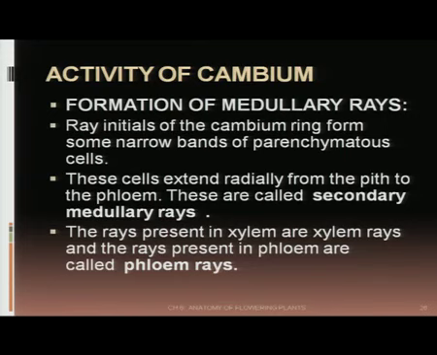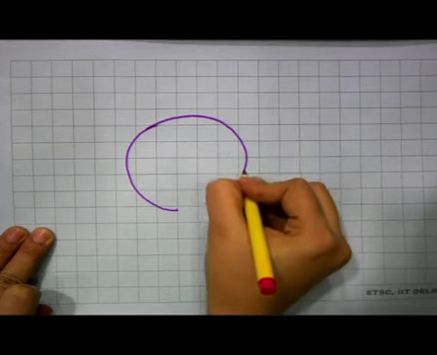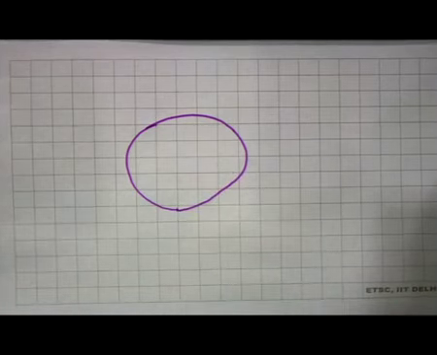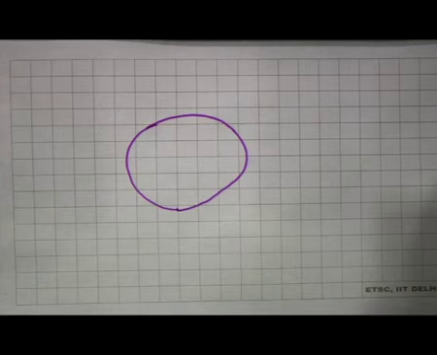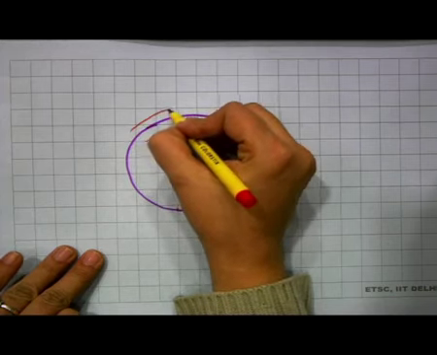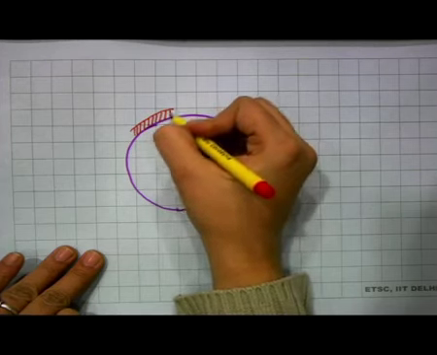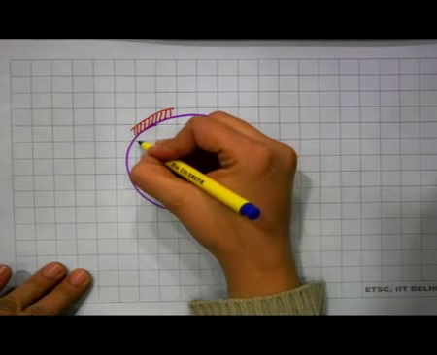Let us draw a portion of the stem again. Suppose this is the cambial ring, which is producing the secondary phloem on the outside and a lot of secondary xylem on the inside.